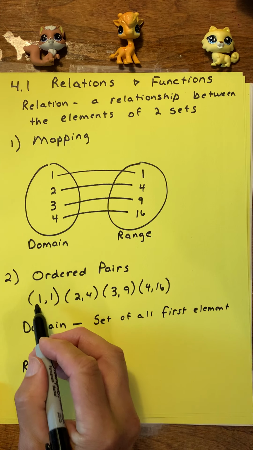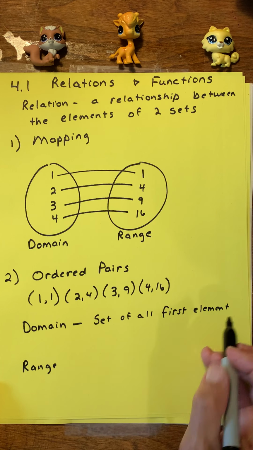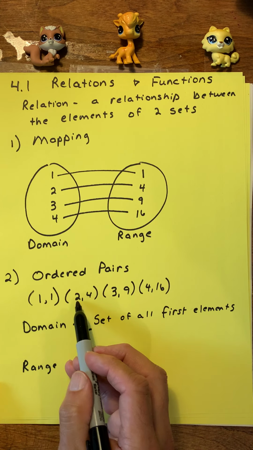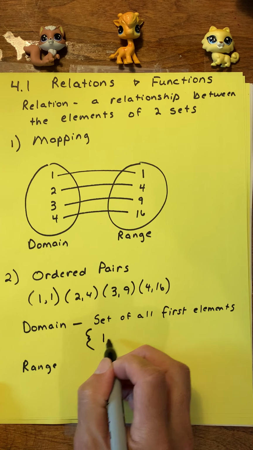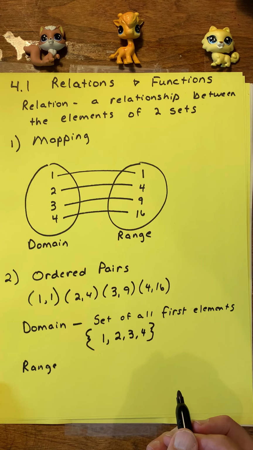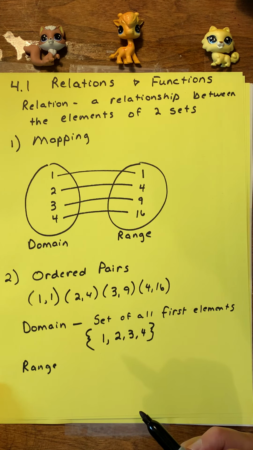Every ordered pair has a first and a second element. So the set of all first elements is called the domain, and it's 1, 2, 3, and 4. Same domain, right? Just a different presentation of it.